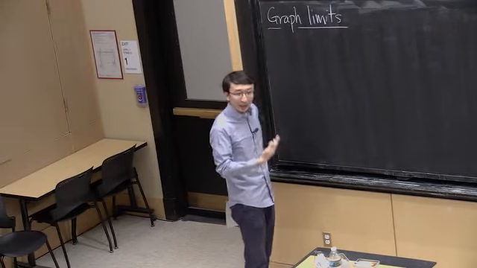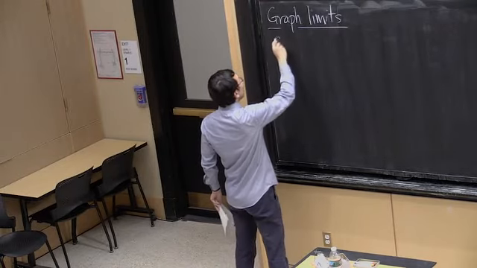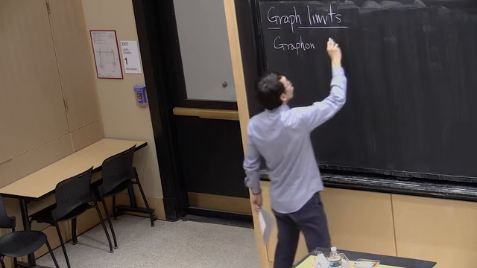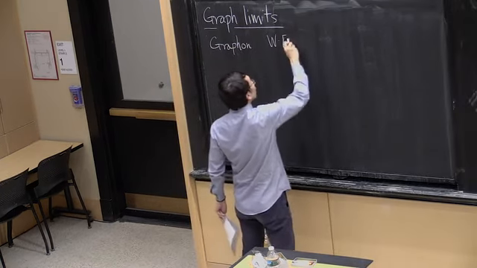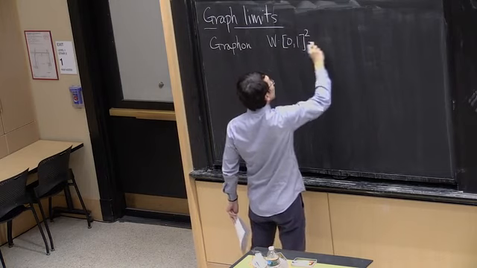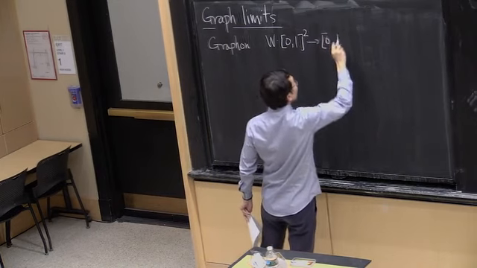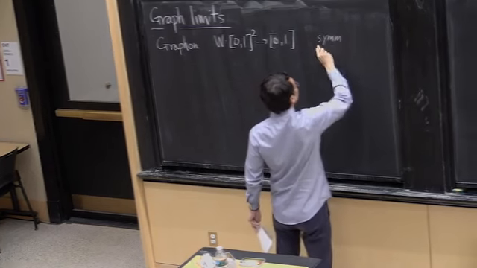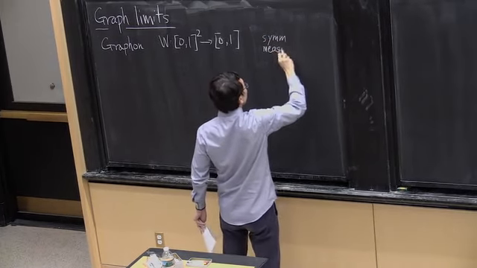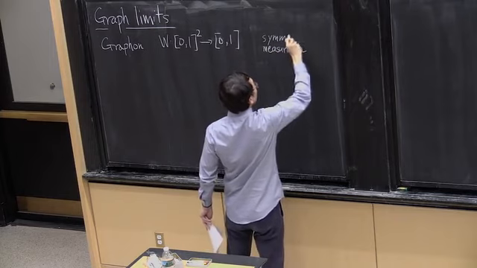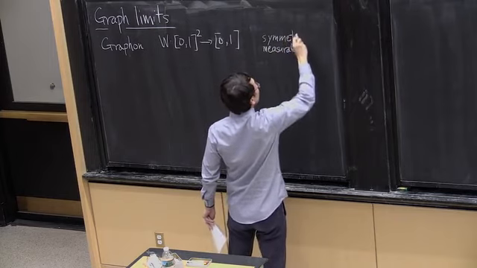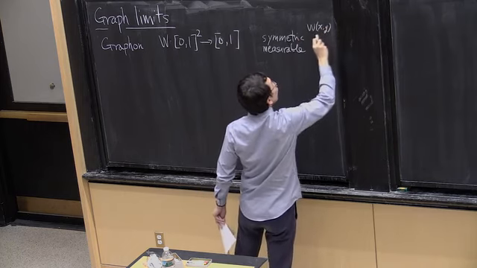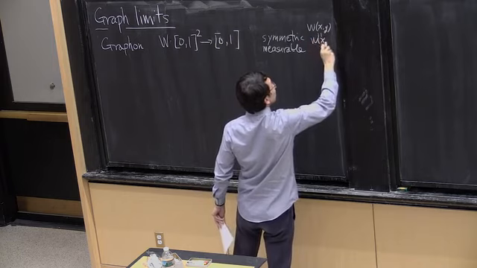One of the main objects in graph limits is that of a graphon, which are symmetric measurable functions from the unit square to the unit interval. Here symmetric means that W of x comma y equals W of y comma x.